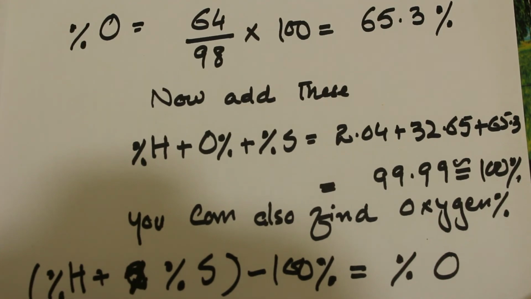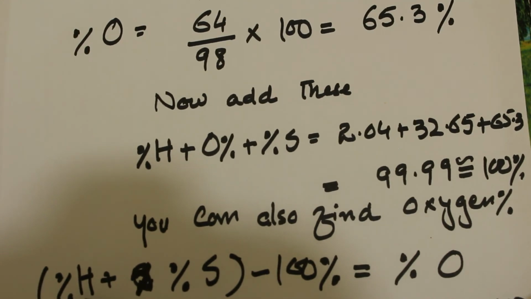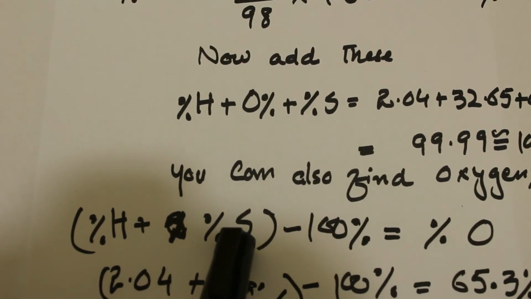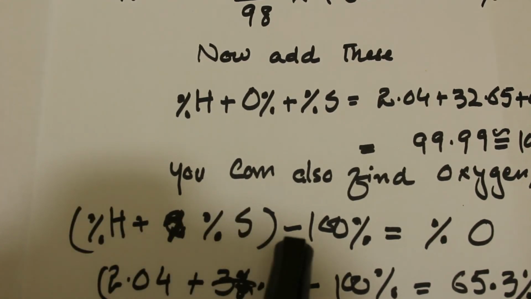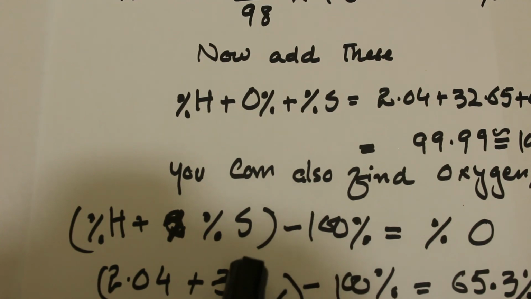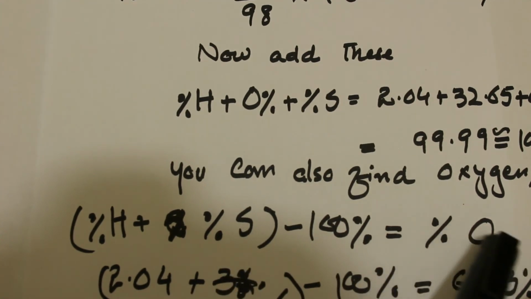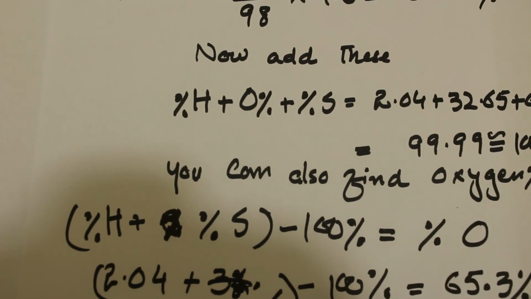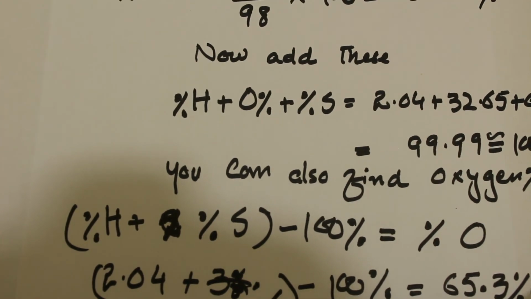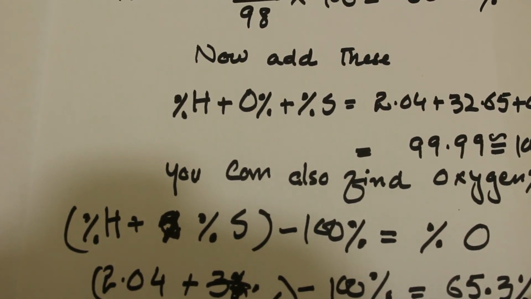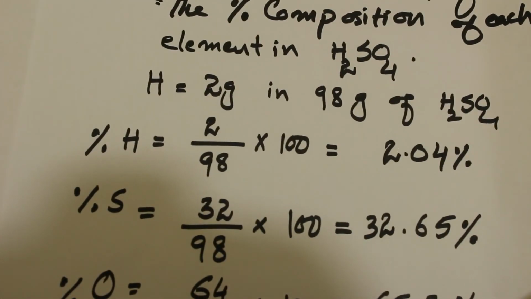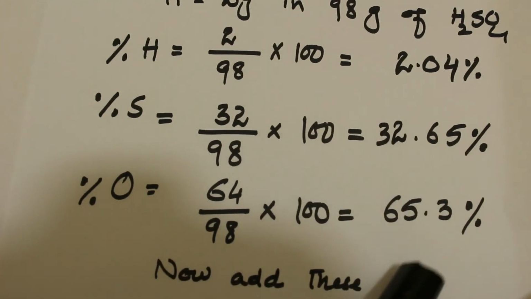So to write down the percentage of hydrogen and the percentage of sulfur, we add up these two values and then we subtract it from 100%, and we get the percentage of oxygen. So when we add up and then subtract from 100%, we get 65.3% of oxygen, which is almost exactly equal to this value.